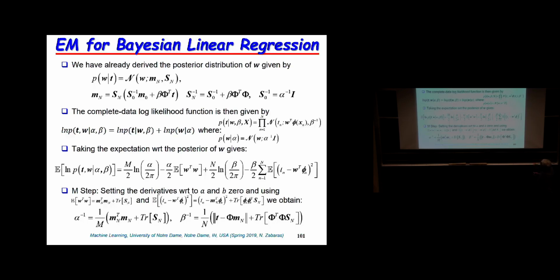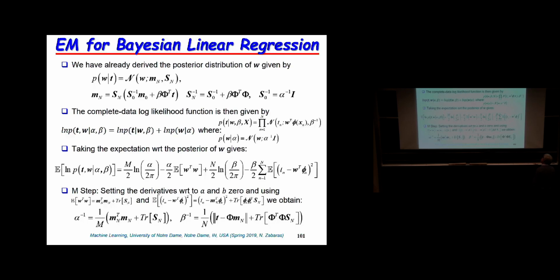Given the data t, we compute the posterior of w, and the mean is given like this, where the inverse of Sn is given like that. And remember, phi is my design matrix that contains the values of the basis functions evaluated at each of the training data points. Okay, and I put the prior here. The precision is basically alpha inverse I.